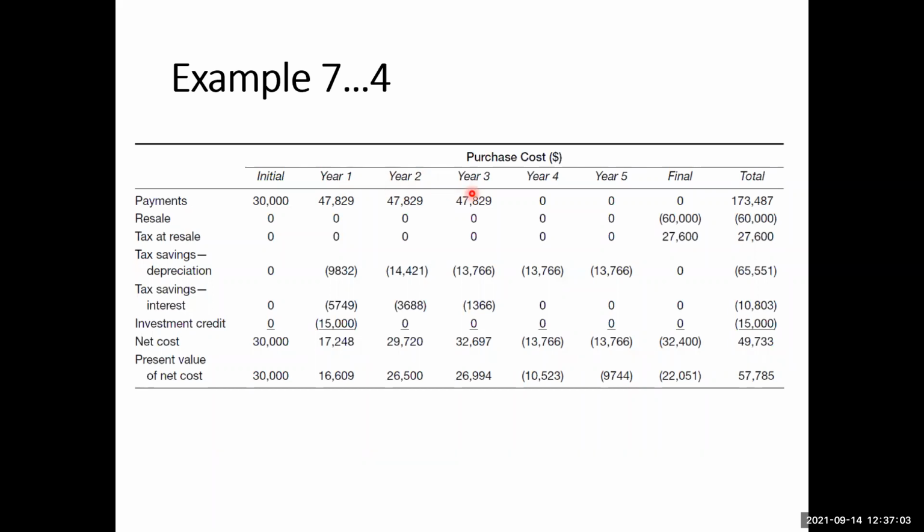So what are these payments made for? Can you tell? These payments are made for the credit. Yeah, for the loan. So we took a loan. So this is for the down payment.